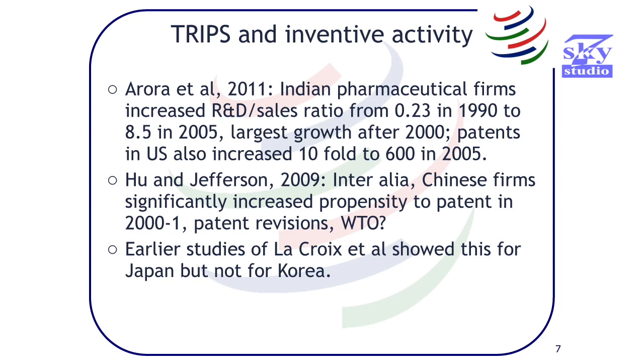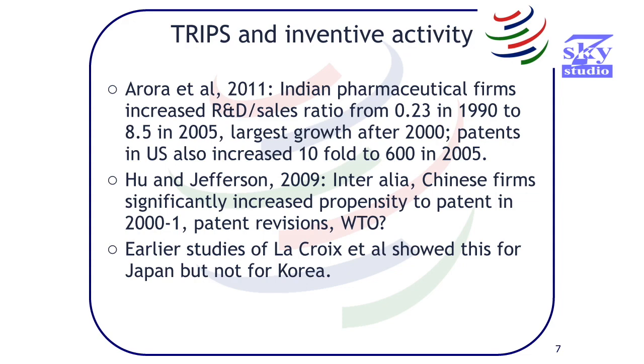We see that, for example, in India, Indian pharmaceutical firms increased the R&D to sales ratio a lot after intellectual property protection kicked in due to the TRIPS agreement. And this is also true in the US, in China.